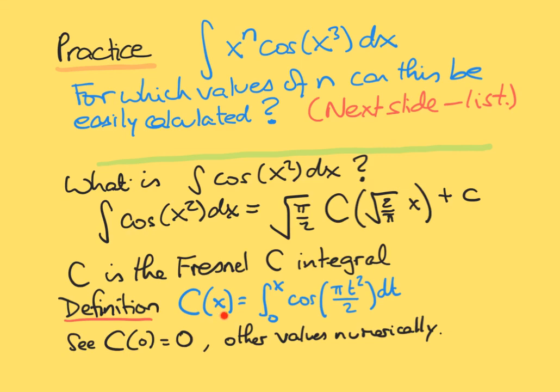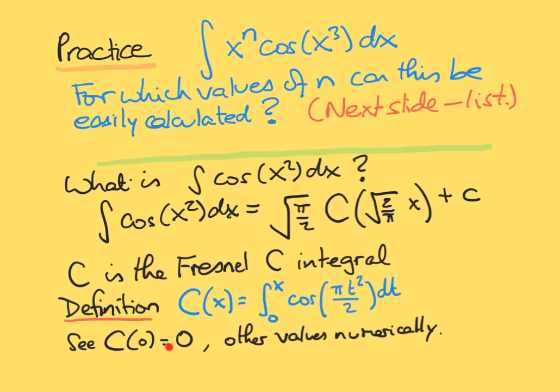So it's a function of x, and this is an integral over a variable that I'm choosing here to call t. But in a definite integral the result does not depend on the variable that you're integrating over. But this integral will depend on the limit, which is here x. So you can see, for example, that as you change x, this is going to be changing.